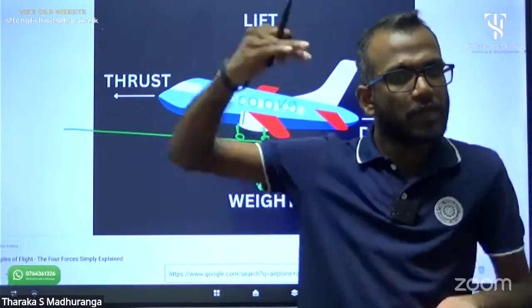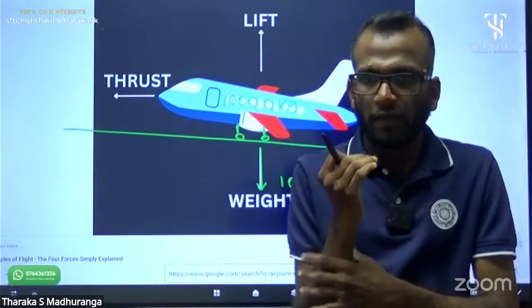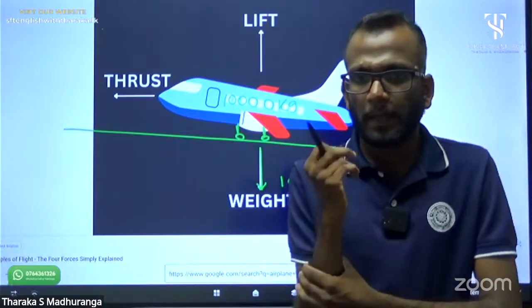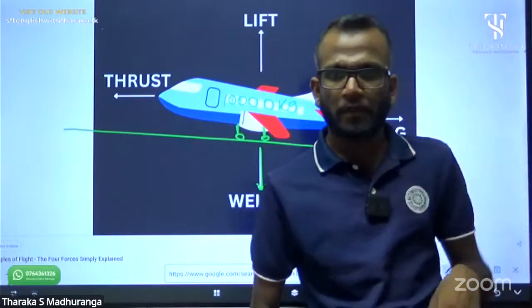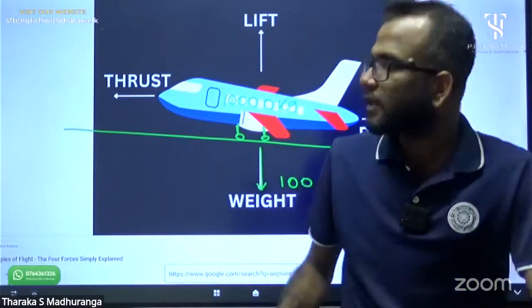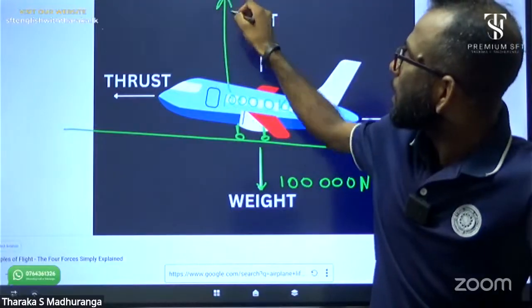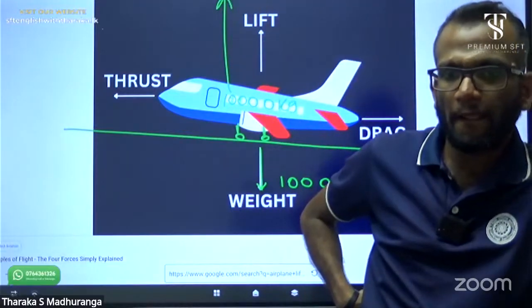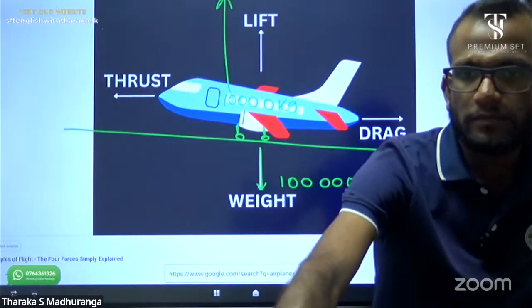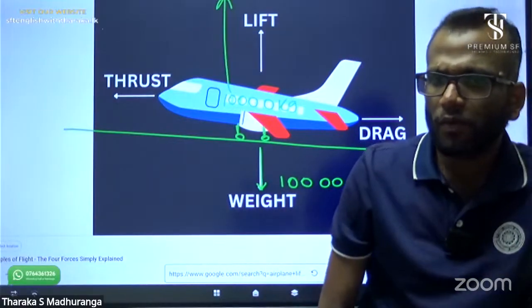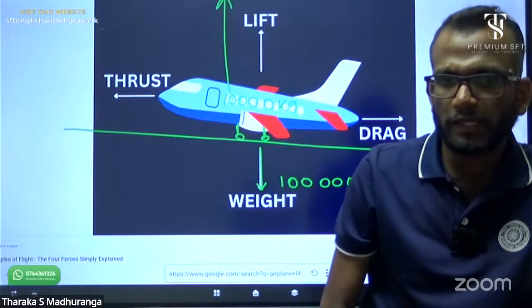Can we go up all at once like this? No. Then what is the possibility?